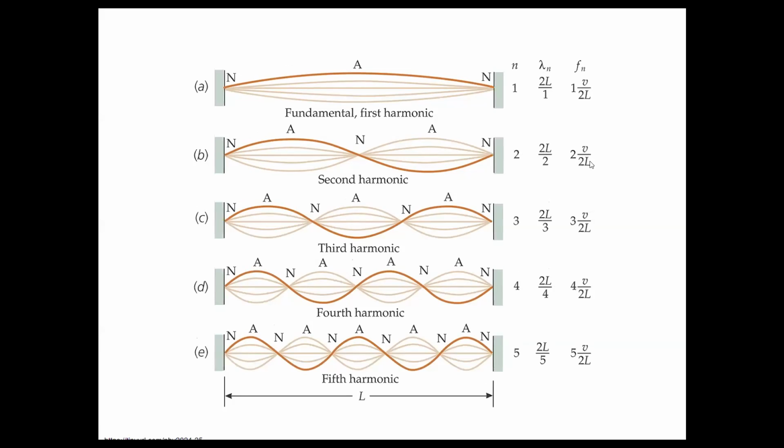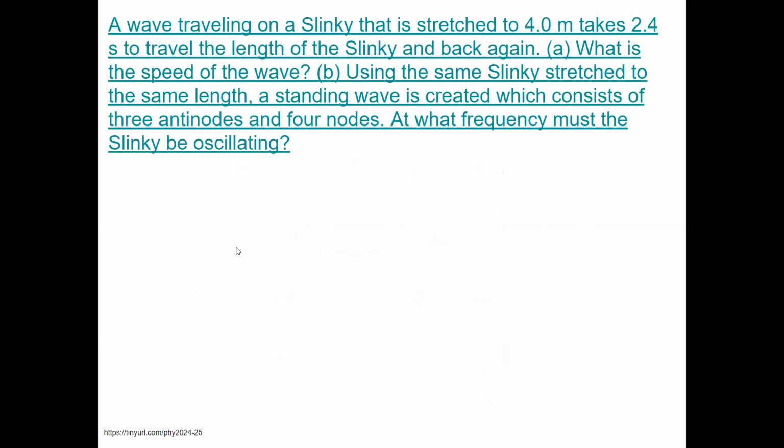And then the second one is what you have here. If you are solving a problem for a string with two ends fixed, you'll be looking at this summary figure, or you can refer to the equations in the previous slide.